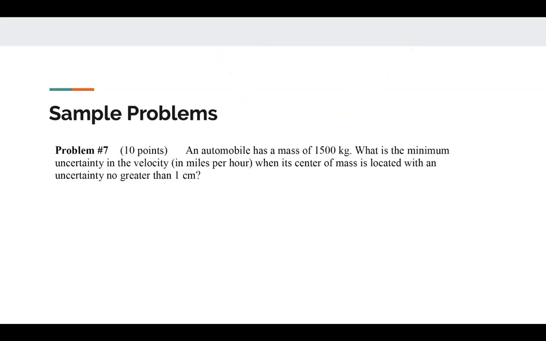Also, you can put it in meters per second if you want. There's no need to convert.